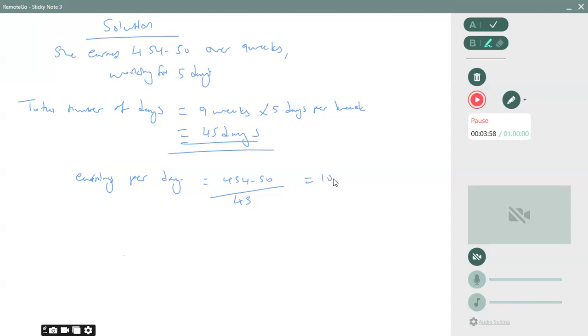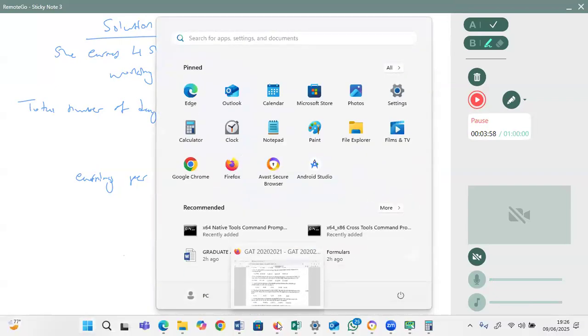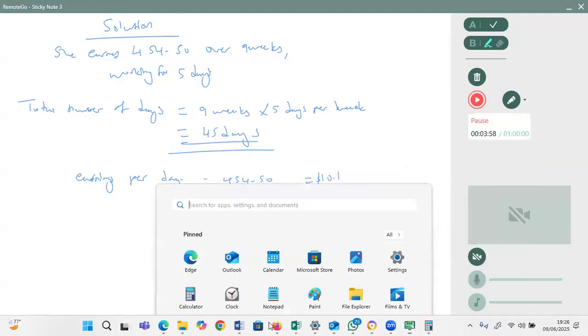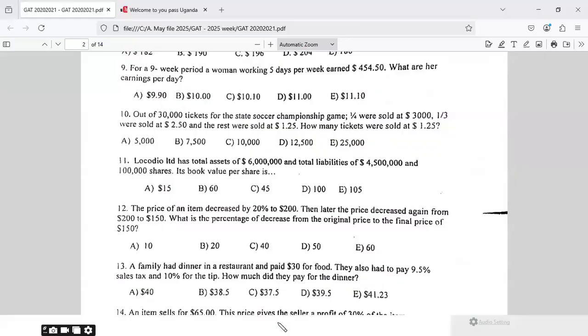Good. $10.1. Do we have 10.1? We check. Per day, I think we have it. It is a C. 10.1.